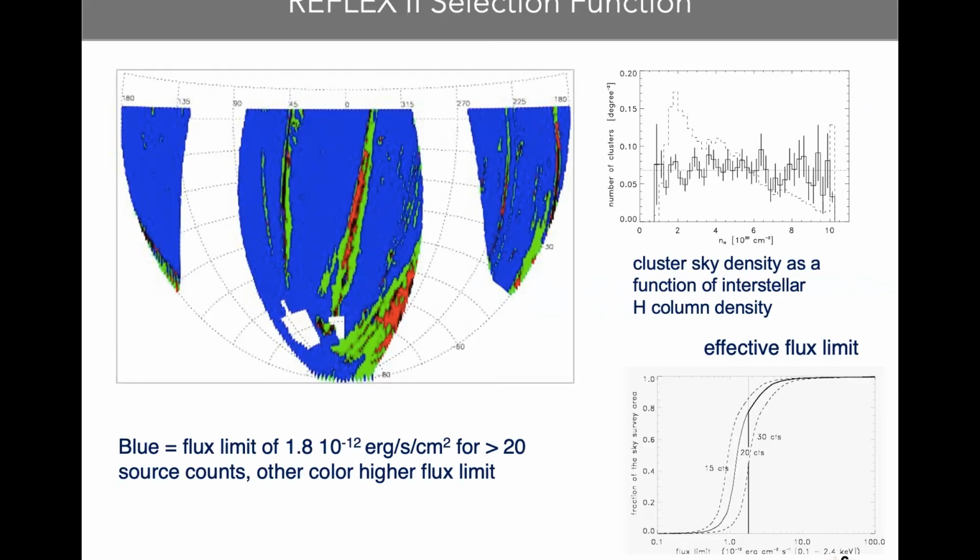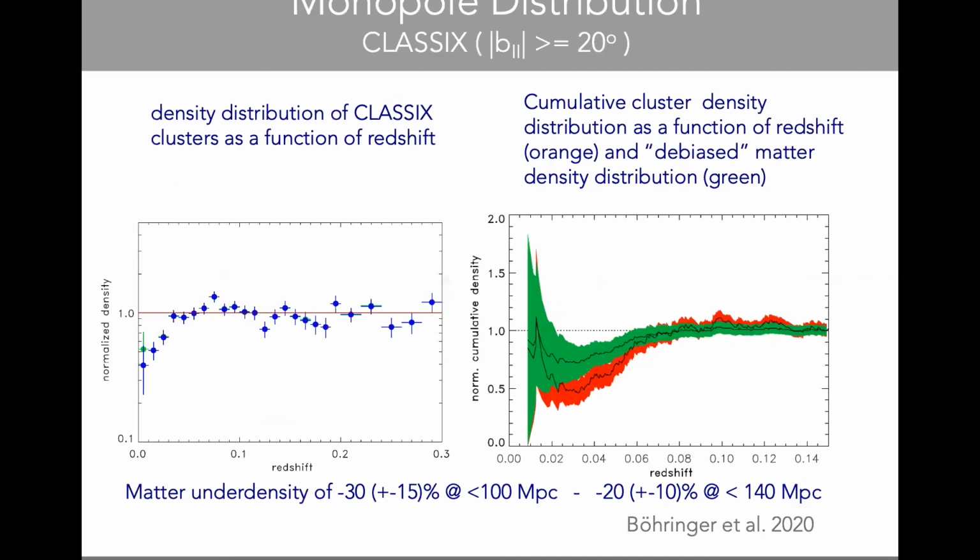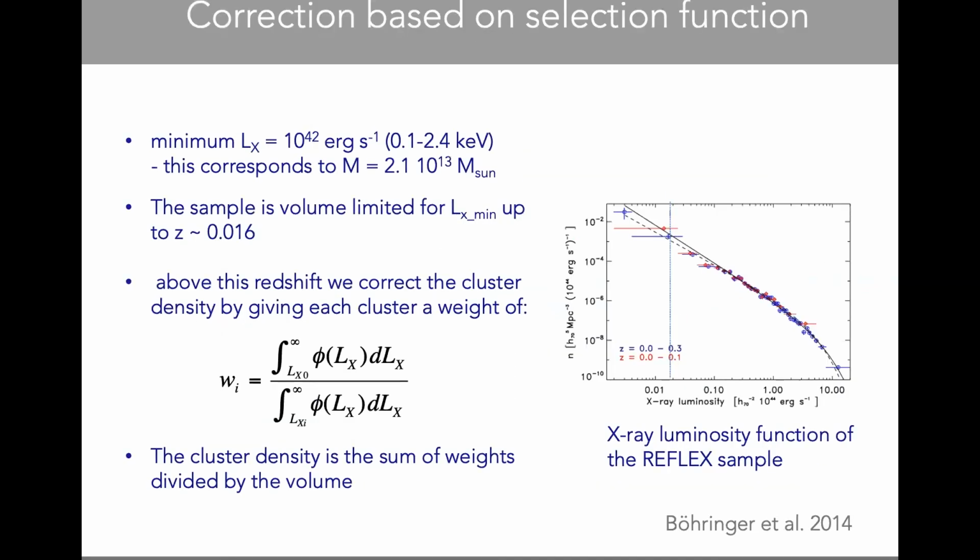And if everything would be well behaved with this correction, everything is clear. But to get this linking length weighting, we have one problem, and that is we have the luminosity function over here, and we use that to calculate the weight. Now, a problem is in the nearby universe, the low luminosity objects here come only from the nearby universe. So it's only defined by the region which is actually underdense.